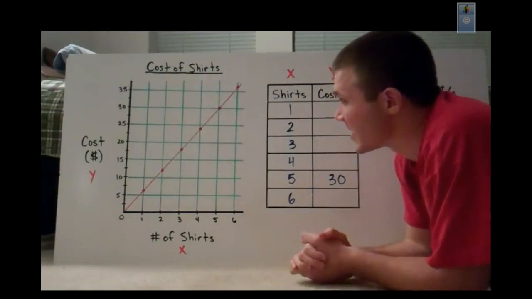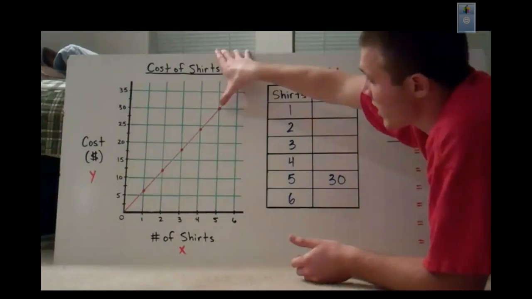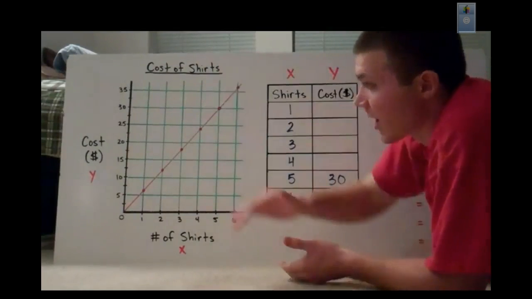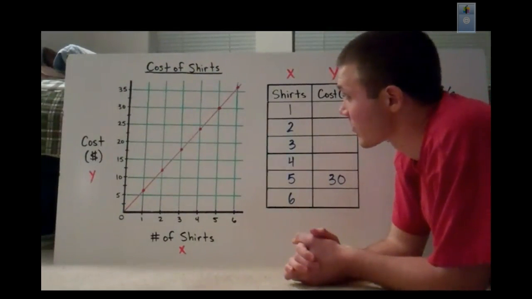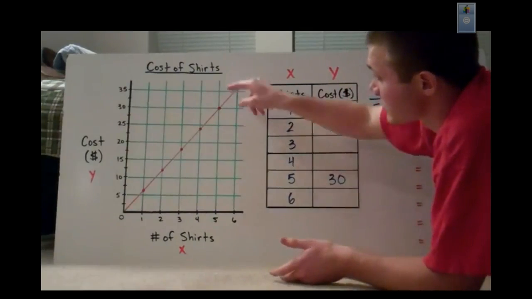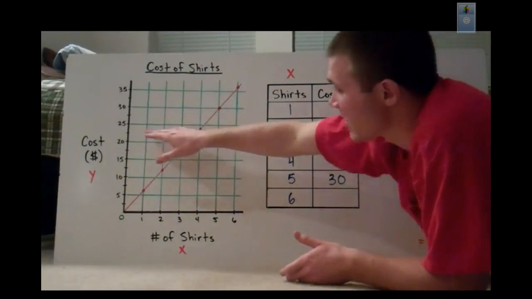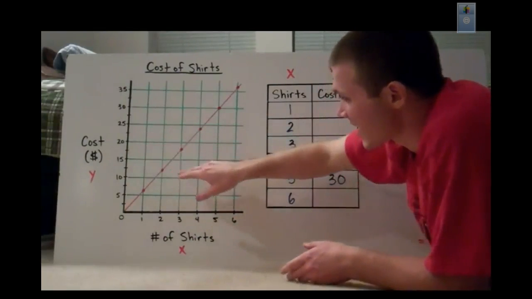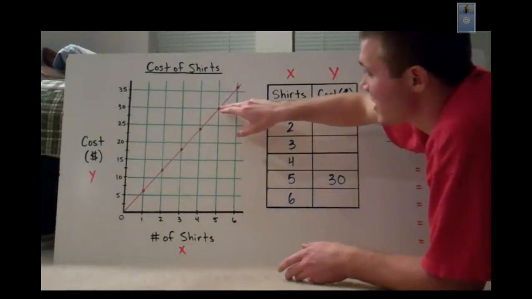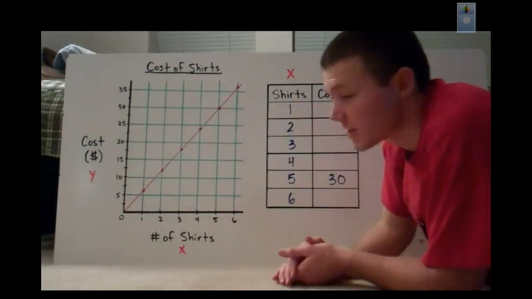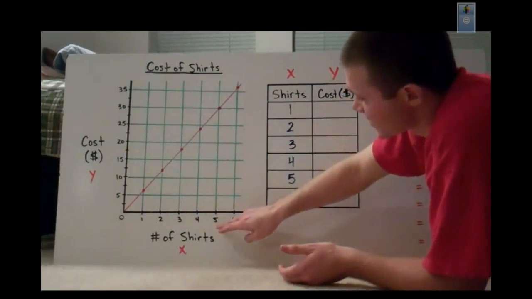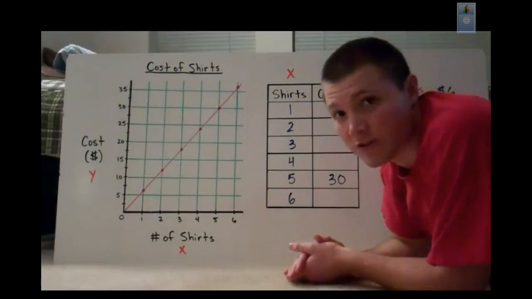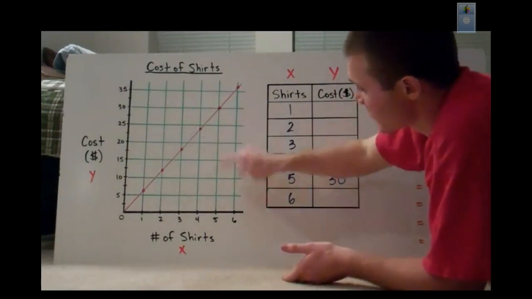That's going to be the easiest way to read the graph, or at least to start off reading the graph. So what this tells us, because these are in the middle, I don't know how much that is exactly, but I know this is exactly 30 bucks. And that is the cost of 5 shirts. 30 bucks for 5 shirts.